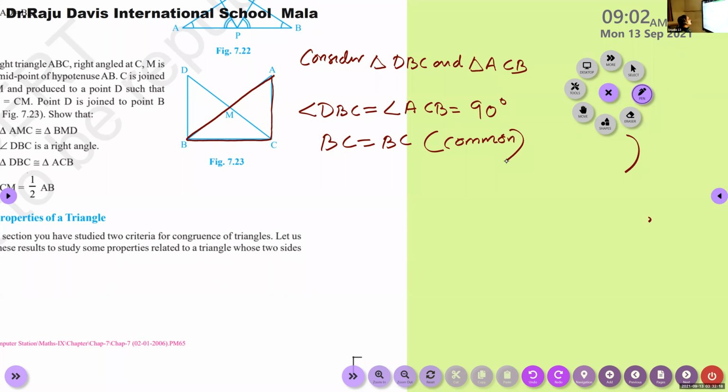Any other angles? Think. One side and one angle are equal, that we got. Is anything common again?